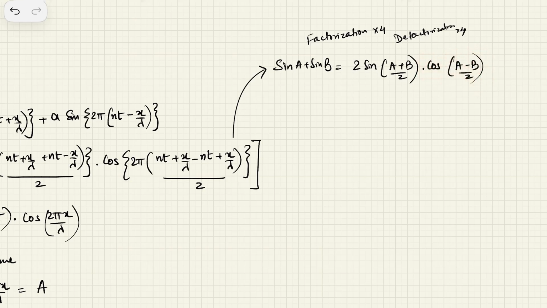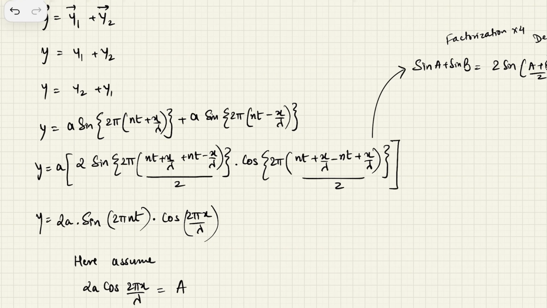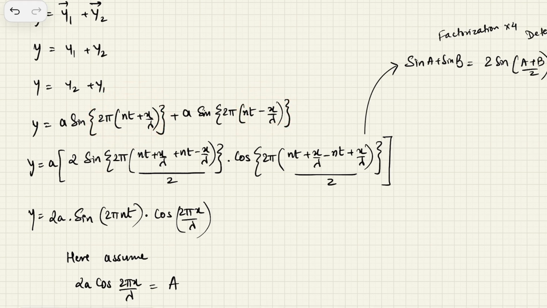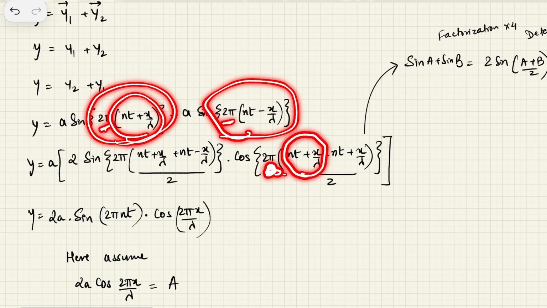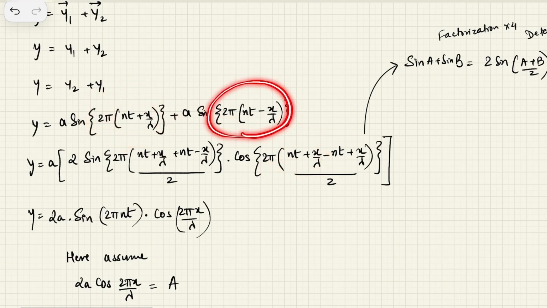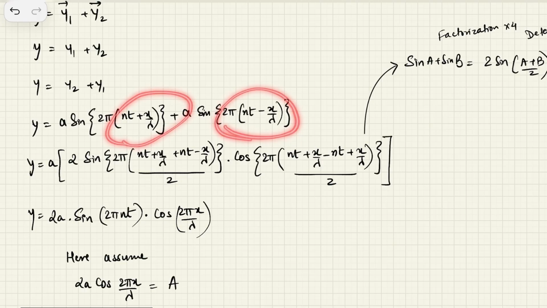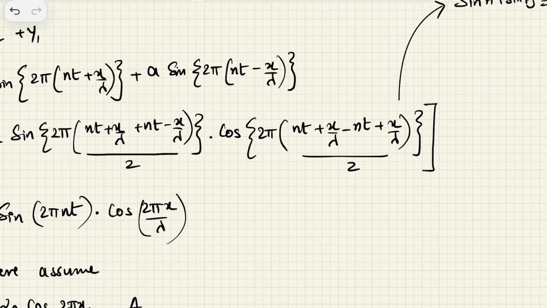If this is my A and this is my B, then I'll have to do A minus B. In this A and this B, 2 pi is common, so I've taken 2 pi common outside. nt plus x by lambda is as it is, and then you have to subtract this, so that is minus nt, and minus into minus will become plus, that is why x by lambda. So subtracting this and this, I get this, and upon 2 is as it is. This is how I have applied the factorization formula.